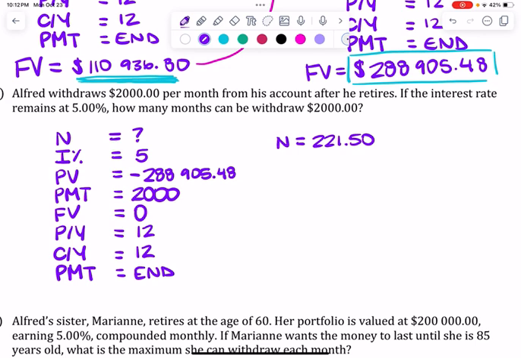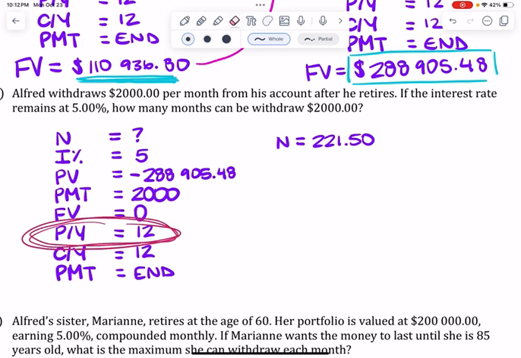Now, remember that my N value represents my total number of payments. Now, in this case, I'm making payments monthly, right? So if I'm making payments every single month, my N value is actually also going to equal my total number of months.